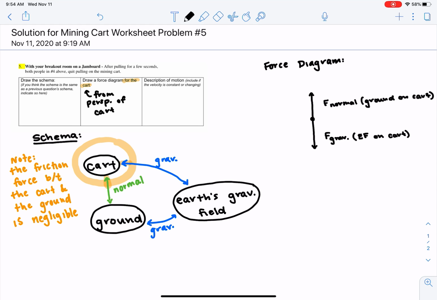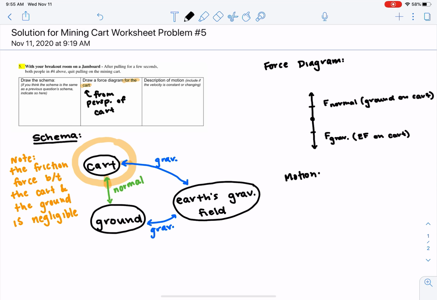And because the cart is sitting on the ground, it's not flying into the air or being pulled into the ground, let's add our congruency marks to show that these two forces have equivalent magnitudes, so they're the same length, and that means they're the same number of newtons in different directions. That's our force diagram.